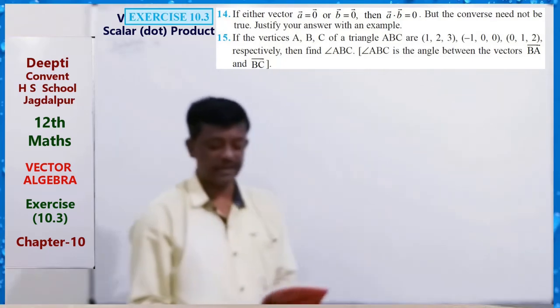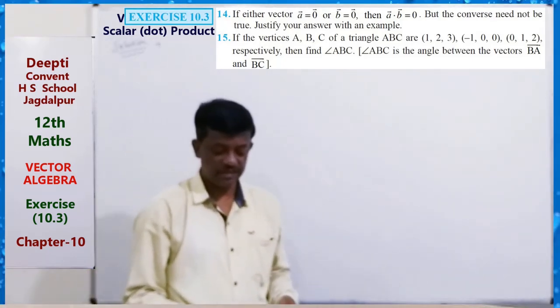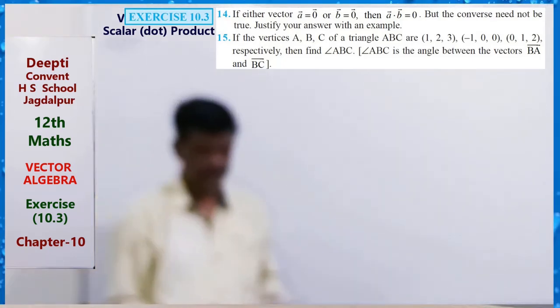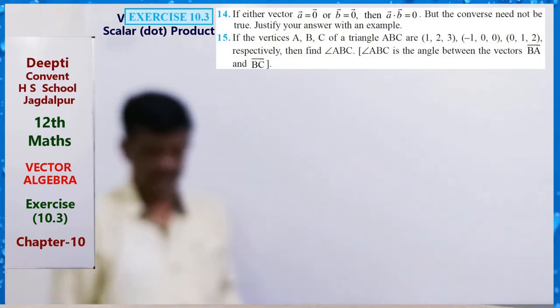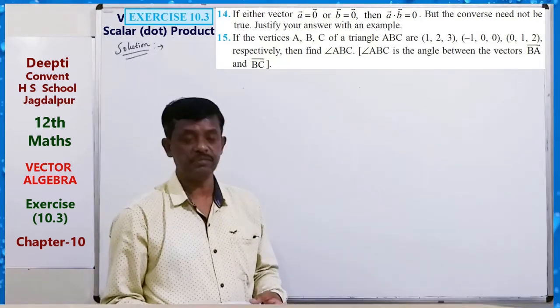The vertices A, B, C of a triangle ABC are given respectively; find angle ABC. Angle ABC is the angle between the vectors BA and BC.